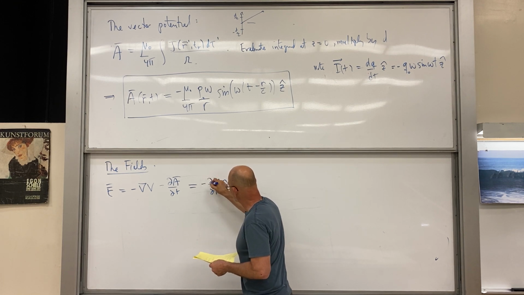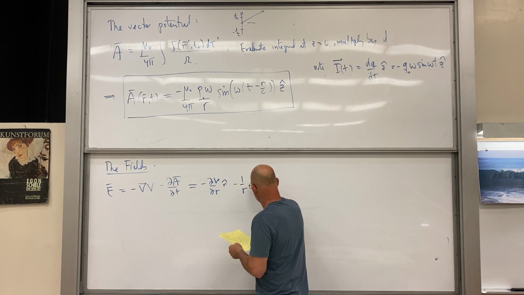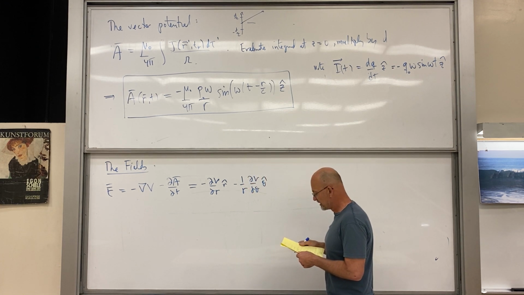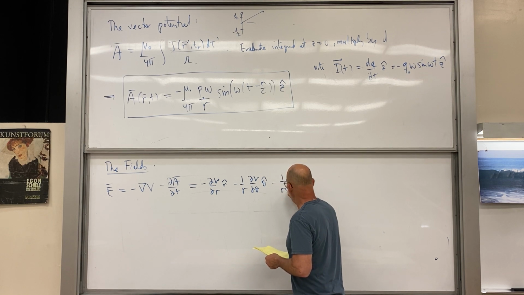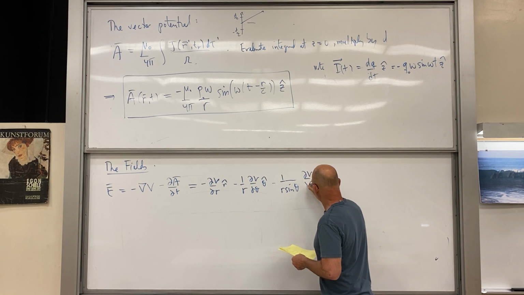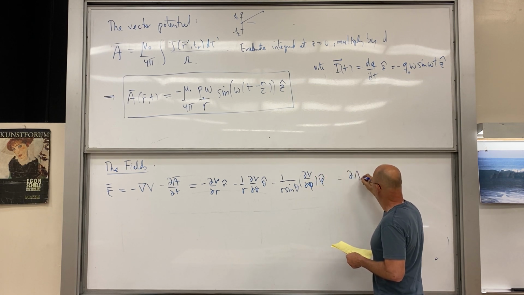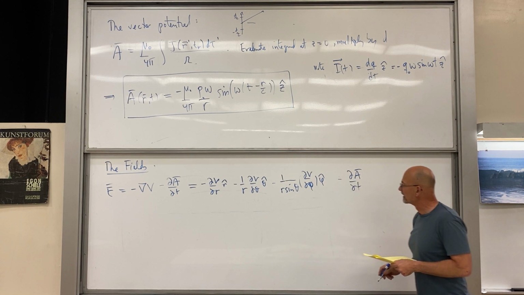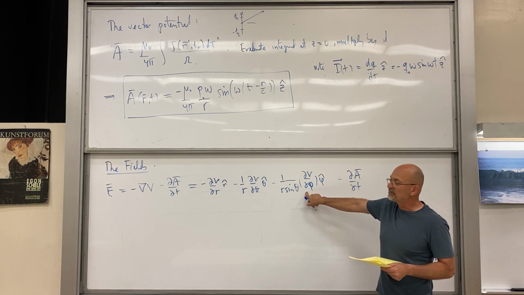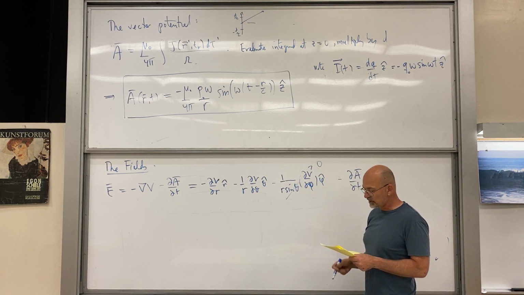Now we're in the spherical polar coordinates world, minus 1 over r ∂V/∂θ θ hat, minus 1 over r sine θ ∂V/∂φ φ hat, minus ∂A/∂t. Now this one's going to go away. We don't have any phi dependence in our expression. These we have to evaluate.